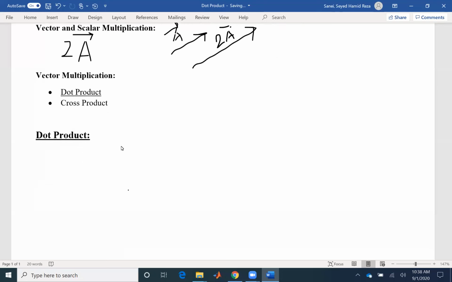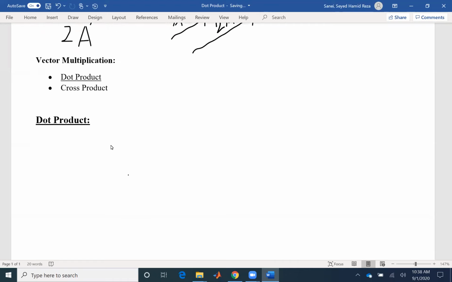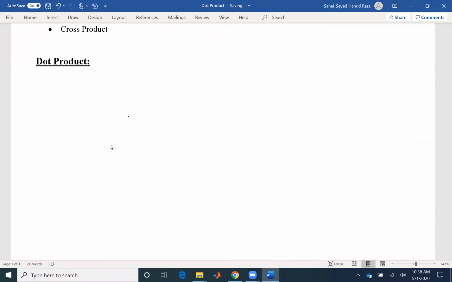For vector multiplication, there are two different vector multiplications with two different mathematical operations and also applications, dot product and cross product. Today we are going to talk about dot product.